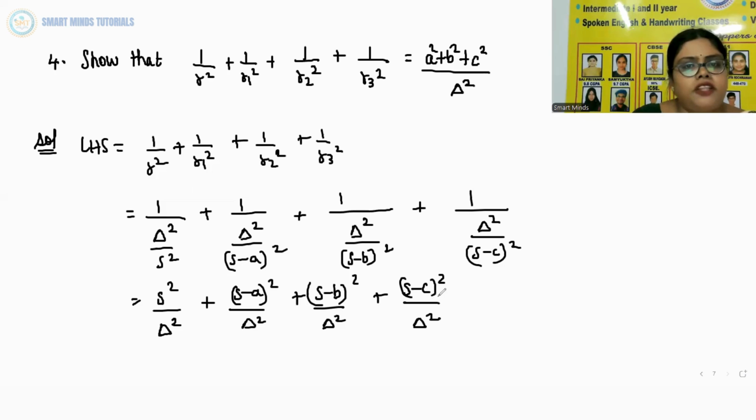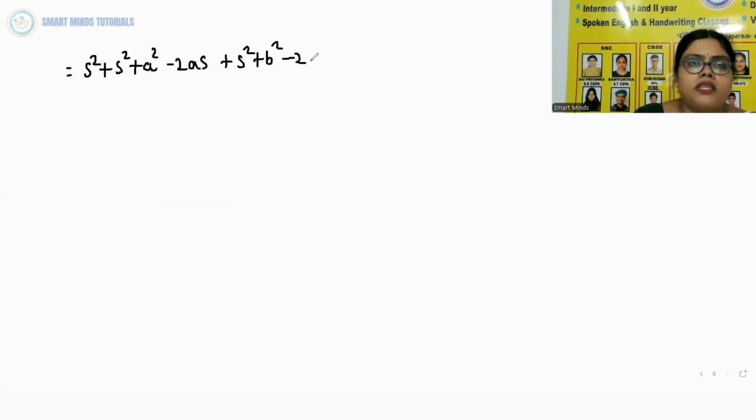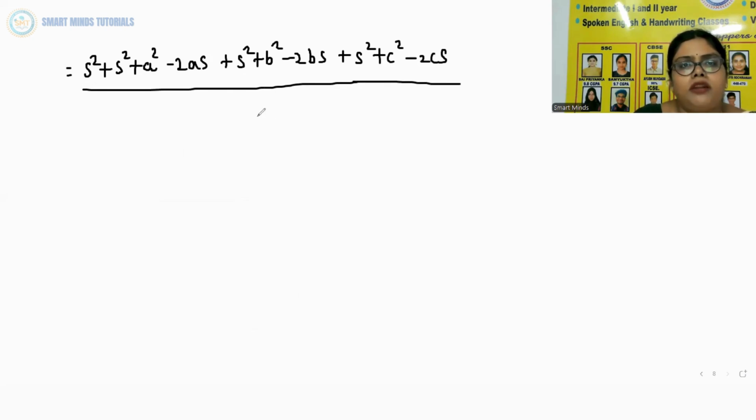Now we will expand the numerators, (s minus a) whole square and so on. So that will be s square plus a square minus 2as, plus s square plus b square minus 2bs, plus s square plus c square minus 2cs, whole divided by delta square. Now s square plus s square plus s square plus s square is 4s square.